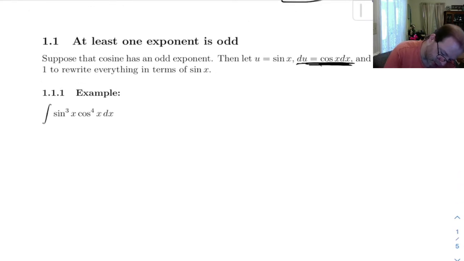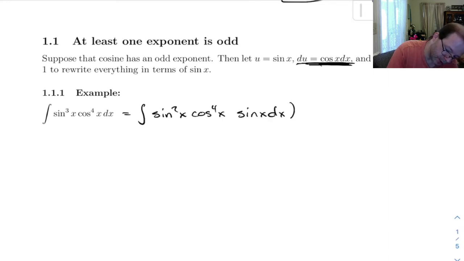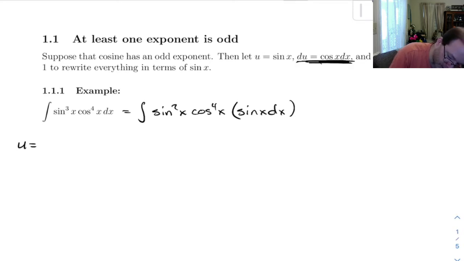We've got sine cubed x cosine to the 4th x dx. Well, first up, rewrite this as sine squared x cosine to the 4th x, and then sine x dx. So really, you're saving one factor of whichever function was odd to be part of your du. So I'm going to let u equal cosine.